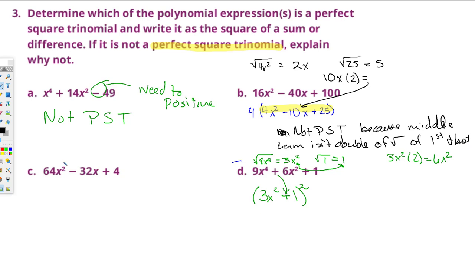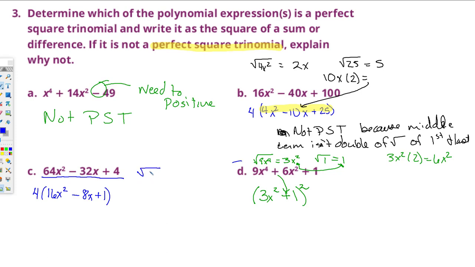Okay, so now let's look at this next one, C. What divides into all three of these? 4. And that gave us 16x squared minus 8x plus 1. Honestly, on this one, you would have factored it out whether you did this step or not. It's just always best to check for it.